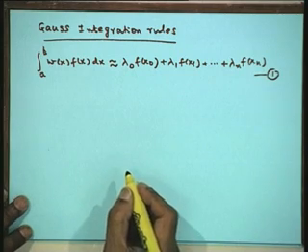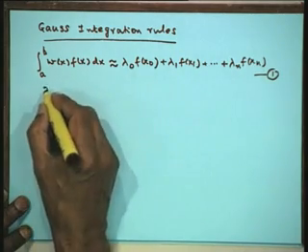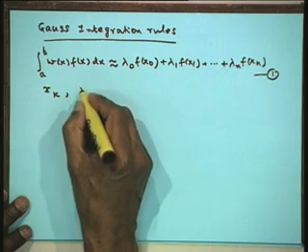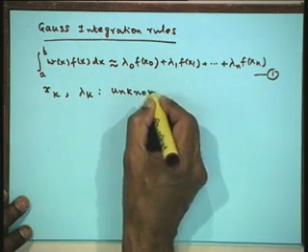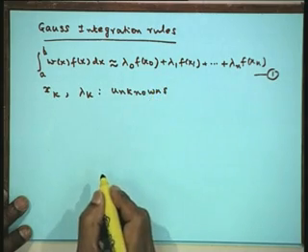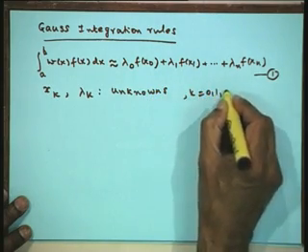Now, we shall allow x k as well as lambda k as unknowns. So, x k and lambda k are unknowns to be determined, with k going from 0, 1, 2 to n.